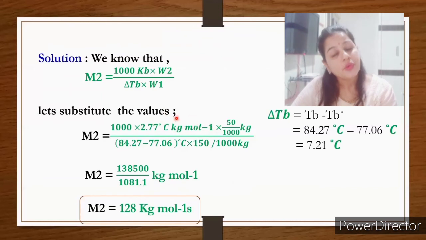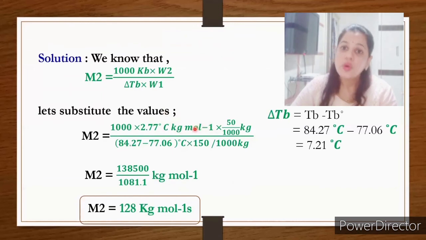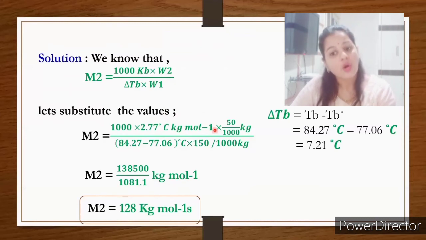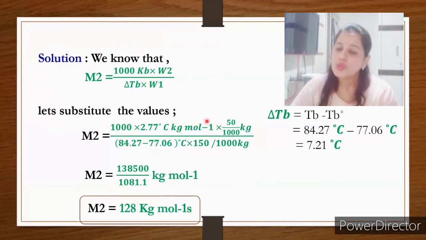If you don't write the unit in the answer, then zero marks is given for the answer. If you write the units along with the substitution, it will be easy for you to come out with the unit when you are finding the answer; it will automatically come out. So always make a habit of writing units along with the values.